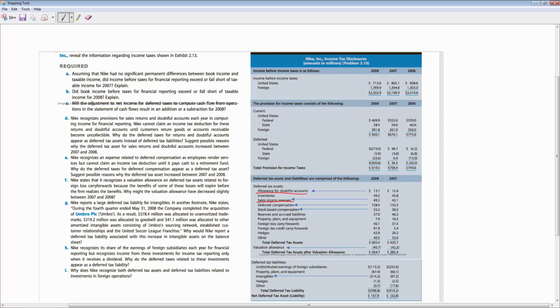And we also find that from 2007 to 2008, these two both increase: from 12.4 to 13.1, and from 42.1 to 49.2. This increase indicates Nike has sales growth, and there is an assumption that the rate of return and the collectability were not adjusted by the managers.